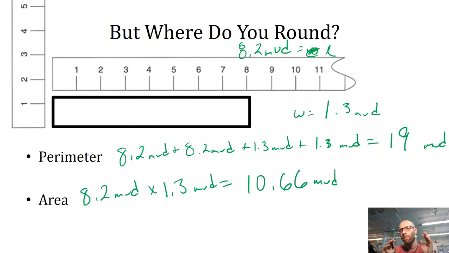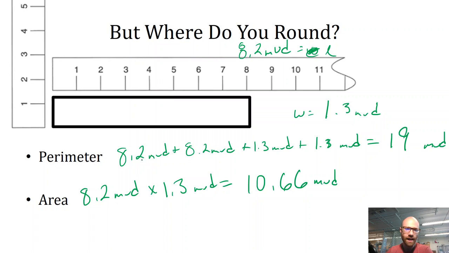And so if we go by our rule that math cannot make our number better or worse in terms of precision, which precision is the word for the number of significant figures in your data. The more precise, the more significant figures. Accuracy was the percent error that we did before.